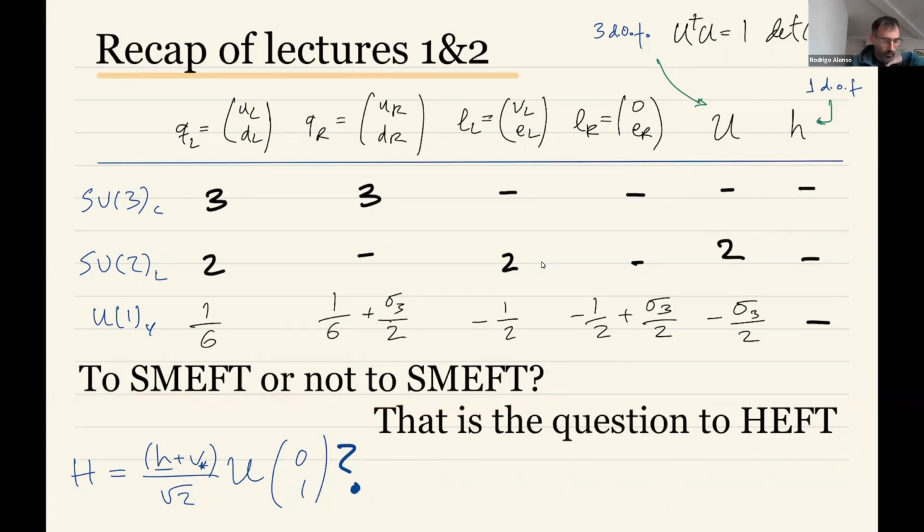That is a question for HEFT. I said it was terrible, so you are warned. And that question is about when can we introduce that linear representation, that capital H doublet, that fundamental representation of SU(2) that is linear and has 4 components arranging all 3 Goldstone bosons and that radial direction in 1 unit.